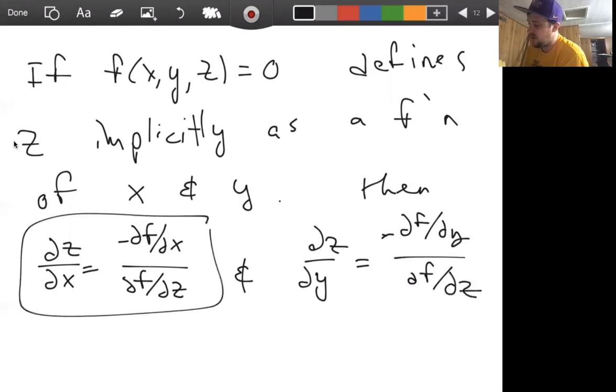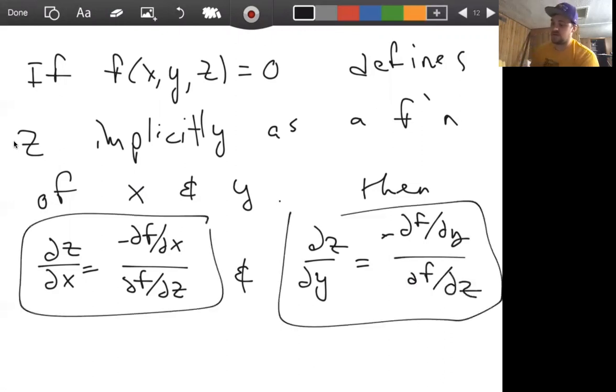And so here's implicit partial differentiation when f is a function of 3 variables, and then we can get z defined implicitly as a function of 2 variables.